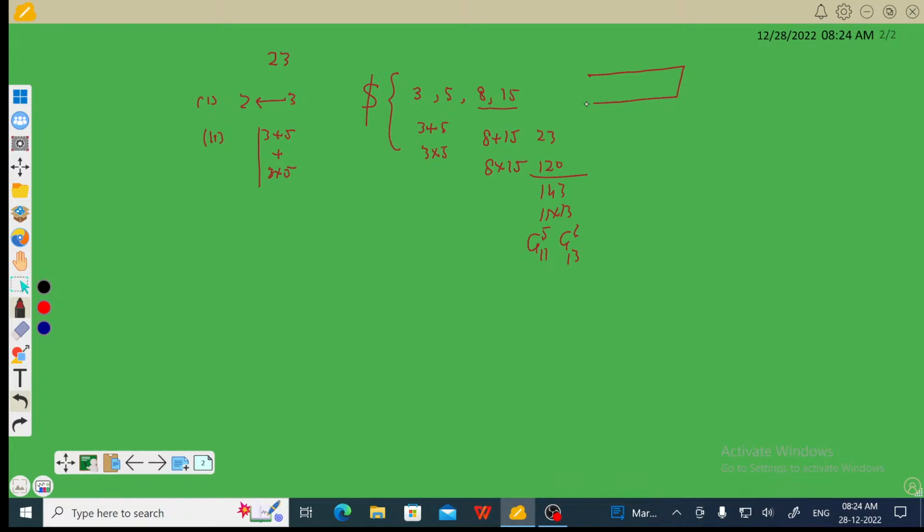Then when we have two identities, 0 and 1, then 0 plus 0 is 0, 1 into 1 is 1. However, 0 plus 1 is 1, that is leading to this identity, and 1 into 0 is 0, it leads to the second identity.